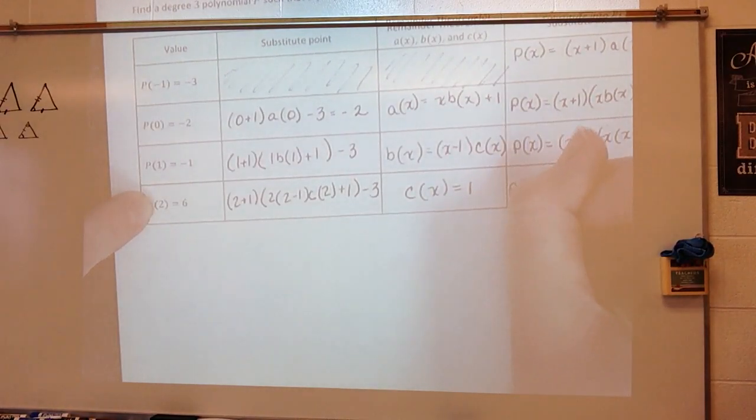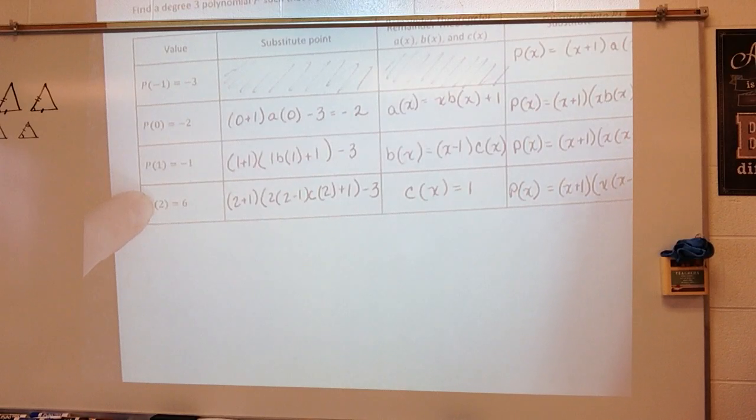So I have p of x is equal to x plus 1, because we said that's what a of x was, times x times x minus 1 times 1 plus 1, parentheses, minus 3.